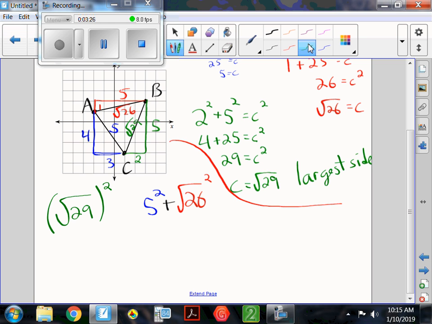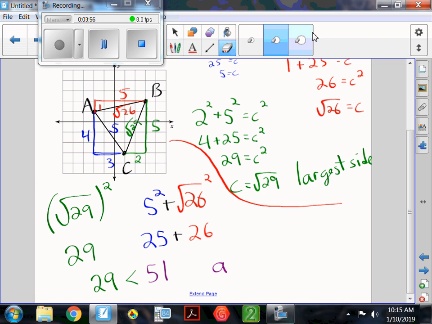Square root of 29 squared is 29. 5 squared is 25. Square root of 26 squared is 26. And so 29 is going to be less than 25 plus 26. 25 plus 26 is 51. Because the C squared, the longest side squared, is smaller than the sum of the squares of the other 2, I have an acute triangle.